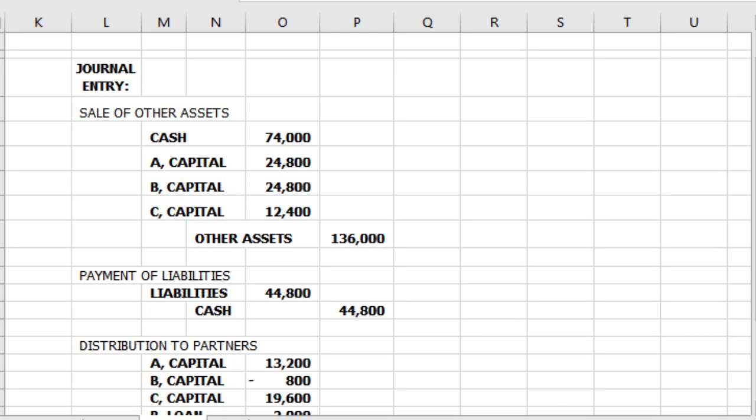So that is 62,000. So 62,000 again, we'll distribute that using the profit and loss ratio of the partners. So 24,800 for A, as well as for B, and then for C is 12,400.